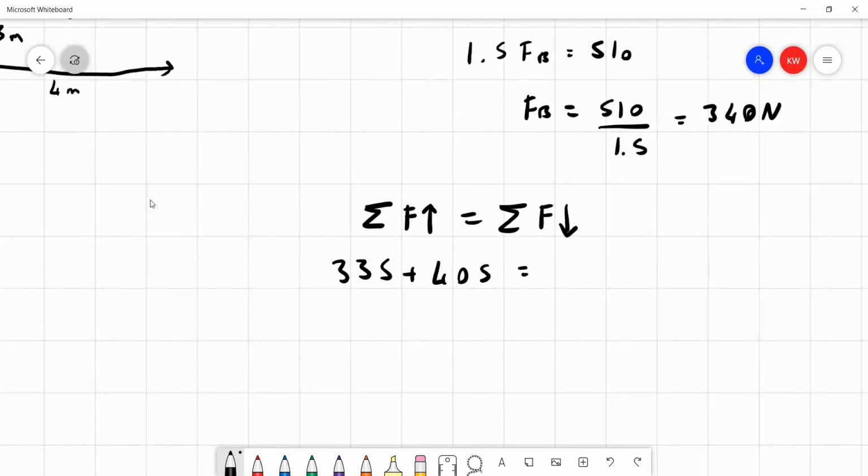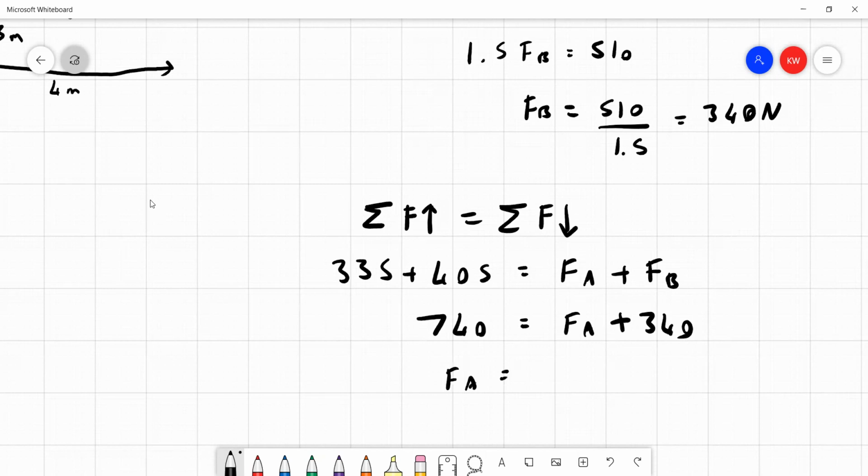They were equal to 2 downward forces, which at the beginning we called FA and FB. So 405 plus 335 is equal to 740. On the other side, we don't know FA, but we've just worked out FB is 340. So FA is going to be equal to 740 minus 340, which is equal to 400 newtons.